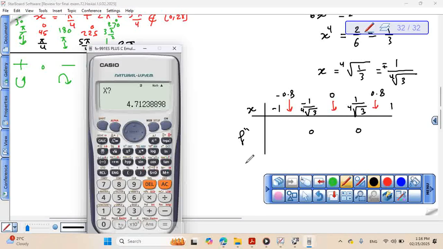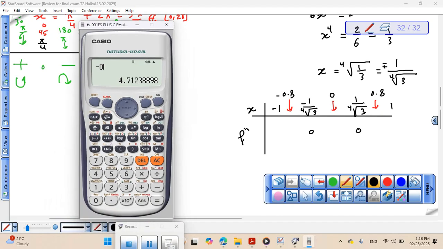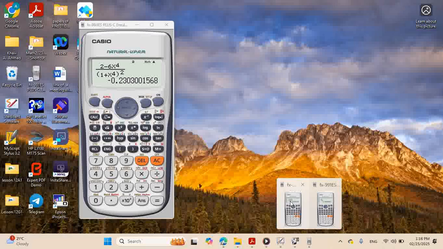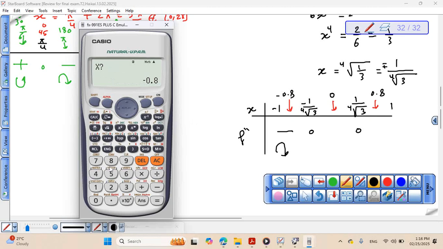Okay, now we can calculate. Okay, -0.8. What is the answer? Negative. Yes, this is concave down. Calculate at 0.